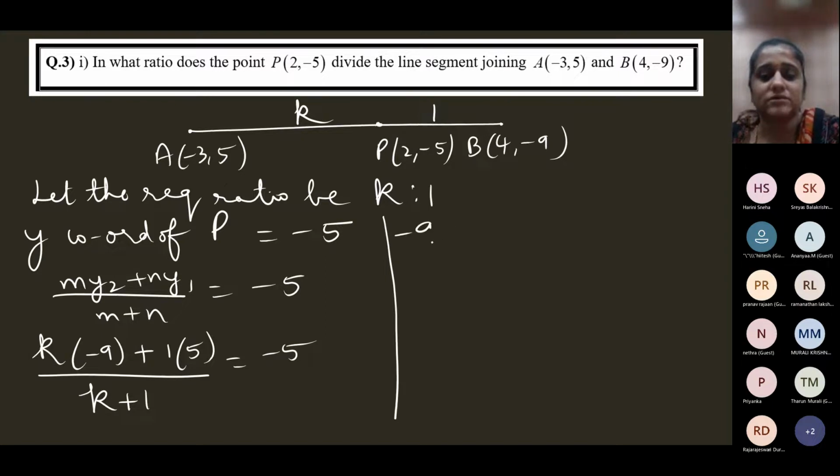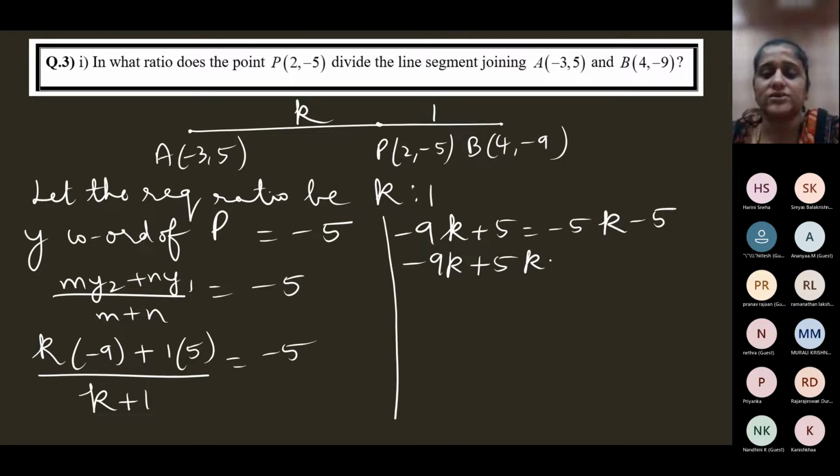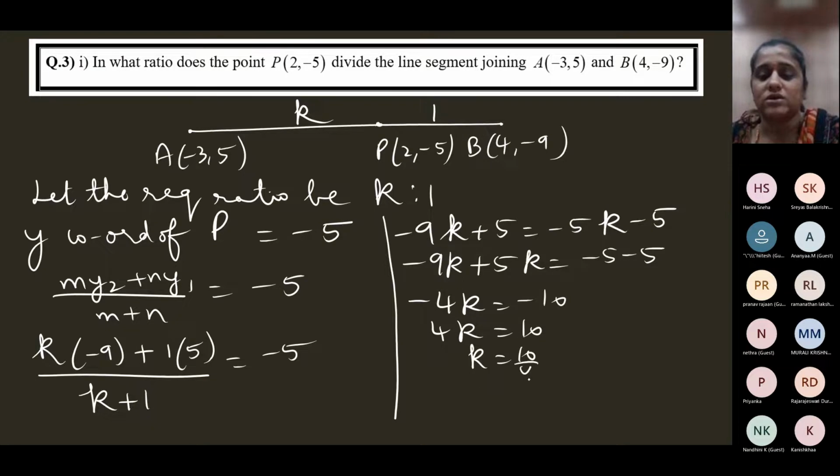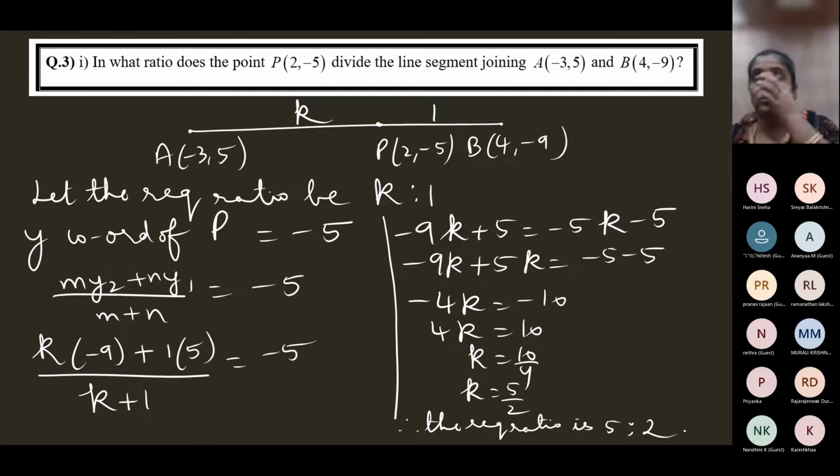Cross multiply. -9k plus 5 is equal to -5k minus 5. -9k plus 5k is equal to -5 minus 5. -4k is equal to -10, so 4k is equal to 10. k is equal to 10 by 4, k is equal to 5 by 2. Therefore, the required ratio is 5:2.